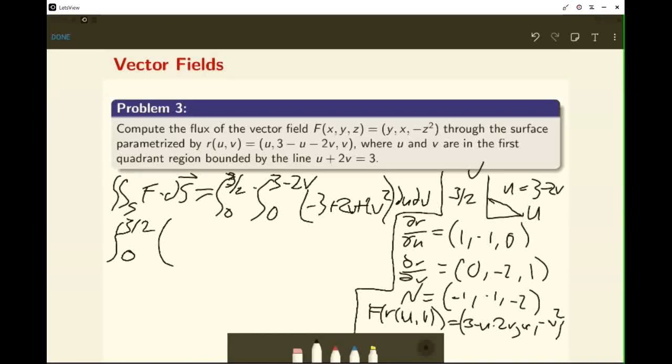Multiplying out, we get 3 minus 2v times minus 3 plus 2v plus v squared.